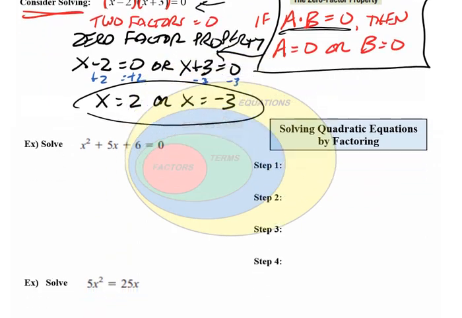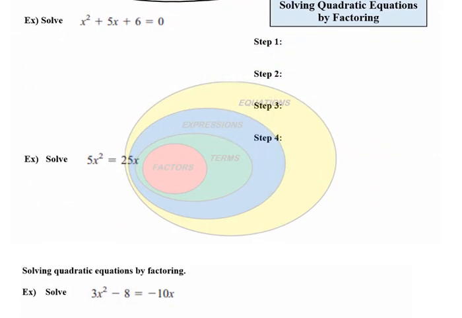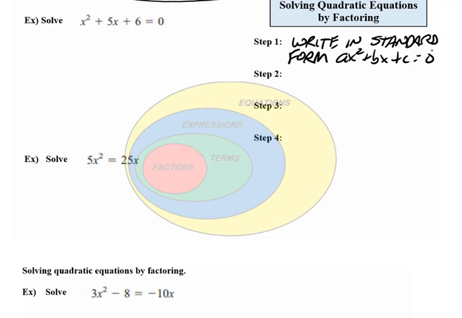So I want to use this strategy to solve quadratic equations. So again, I'm just going to move down and let's solve x squared plus 5x plus 6 equals 0. So the first step in solving quadratics is to make sure it's written in standard form, which is ax squared plus bx plus c equals 0.